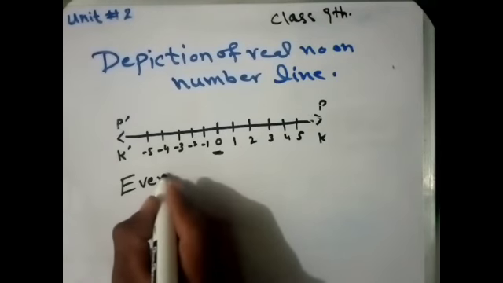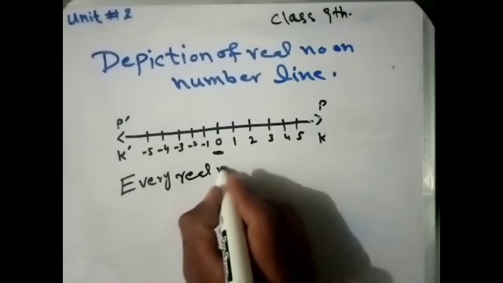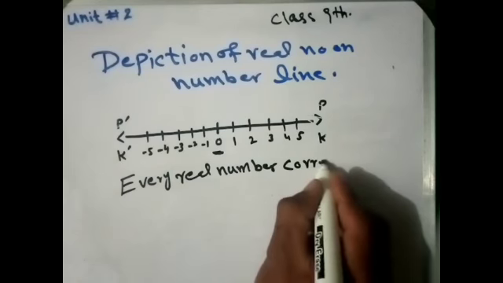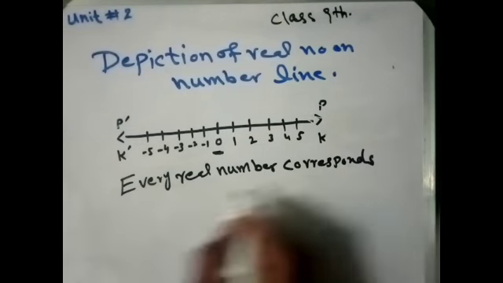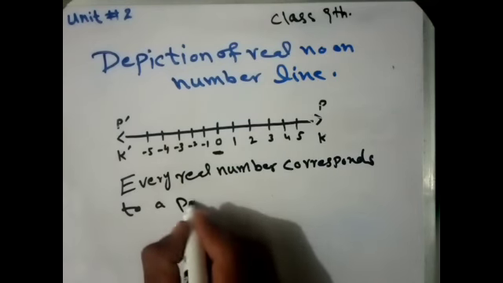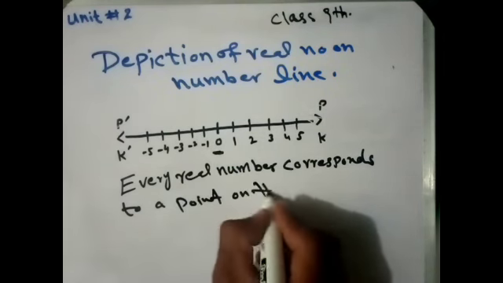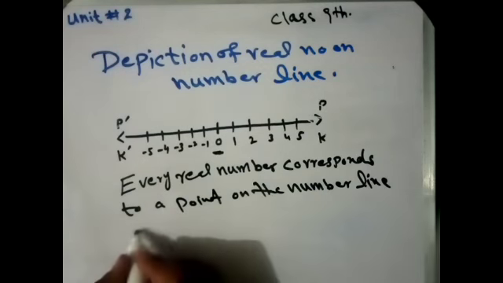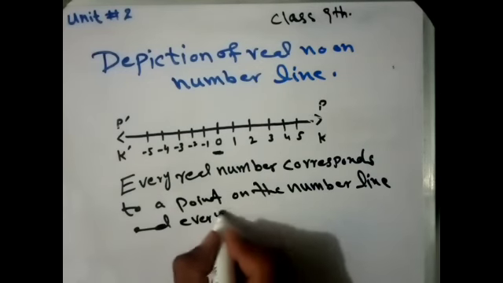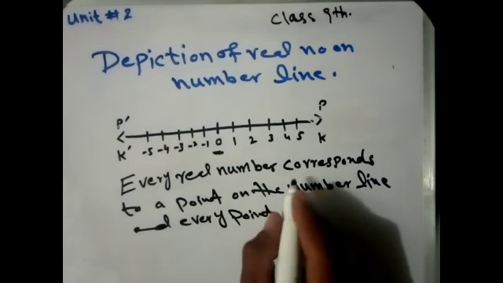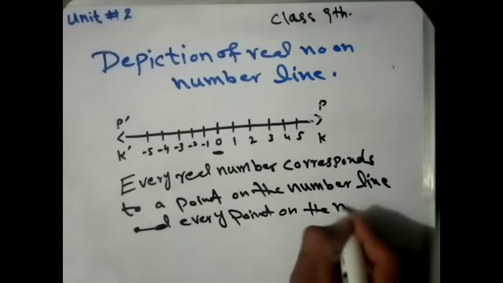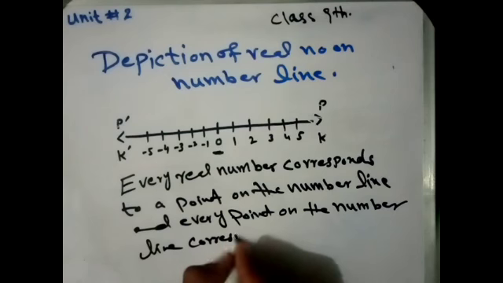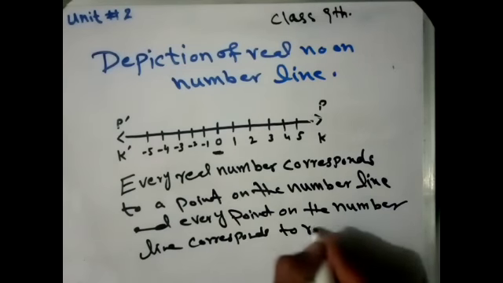On the number line, every real number corresponds to a point on the number line, and every point on the number line corresponds to a real number.